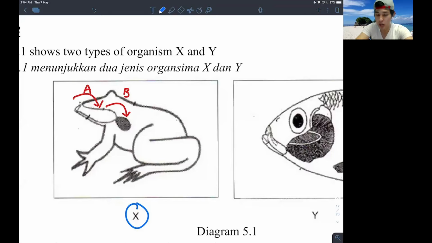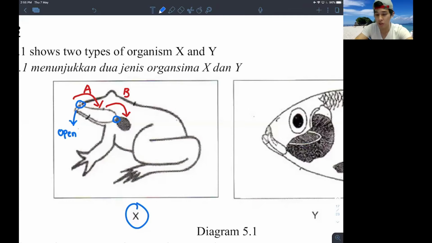The opening between outside and the mouth is called the nostril, and the opening between the buccal pharyngeal cavity and the lungs is called the glottis. So during the first part of inhalation, do you think the nostril is open or closed? Air now wants to come into the buccal pharyngeal cavity, so obviously the nostril has to open up.